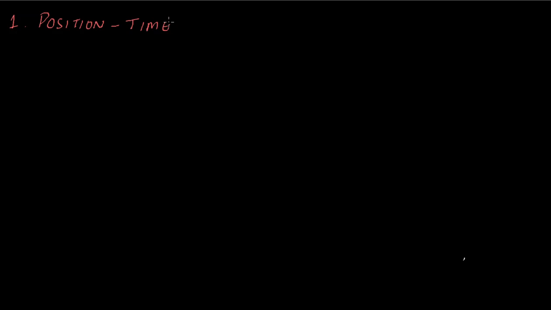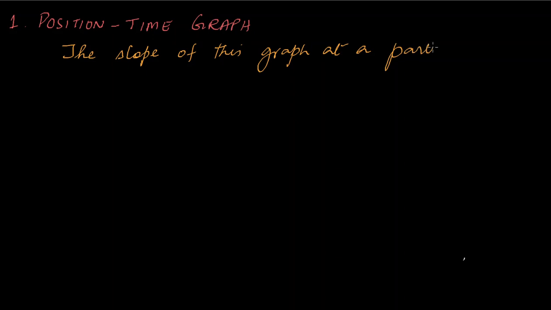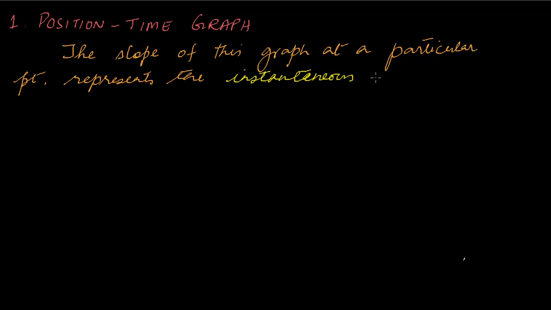And here you should know one thing: the slope of this graph at a particular point represents the instantaneous velocity.